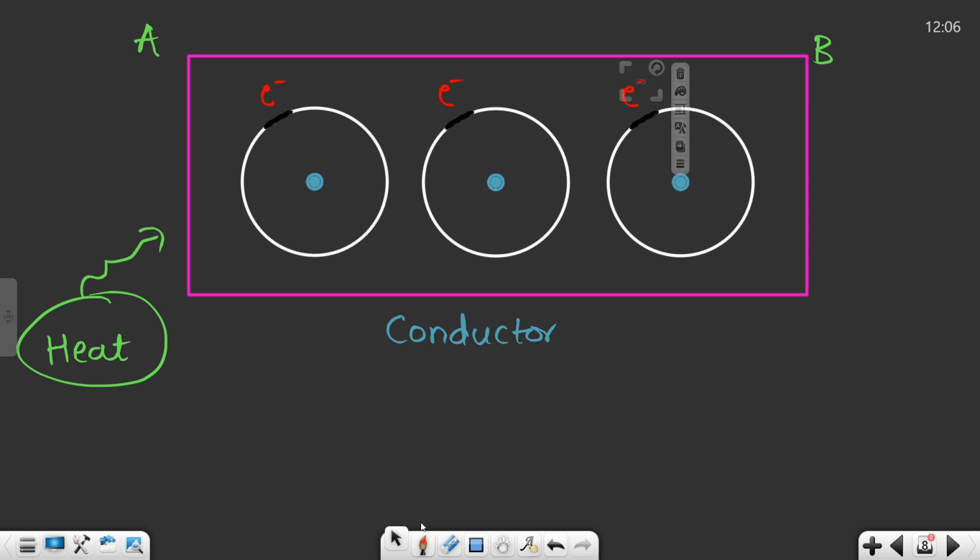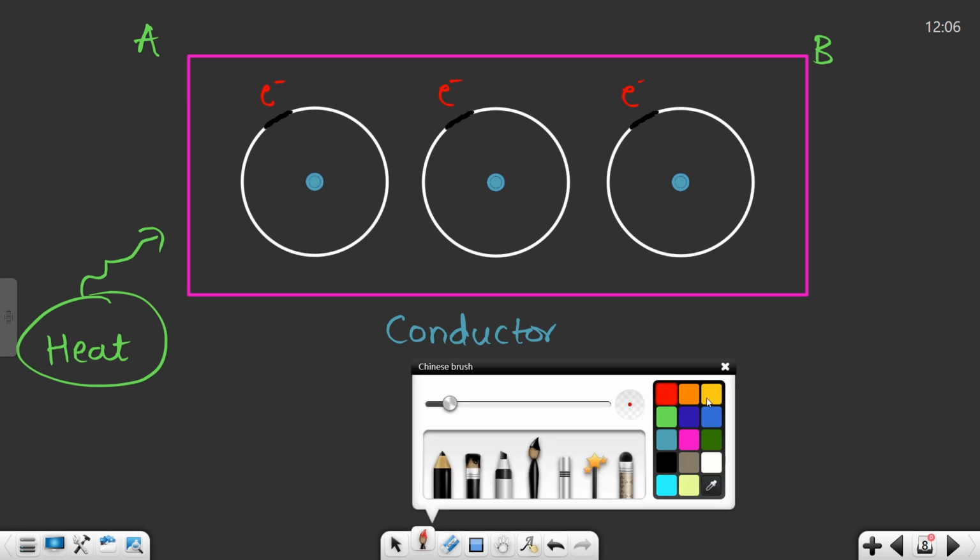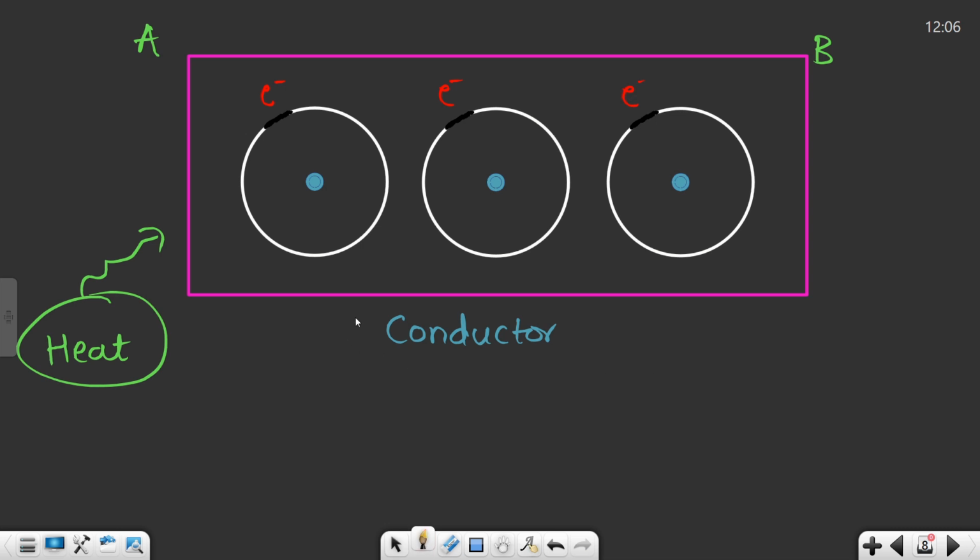So what does that mean? Can I say that this particular conductor is negatively charged, since it has negative electrons? I hope you are able to understand this.